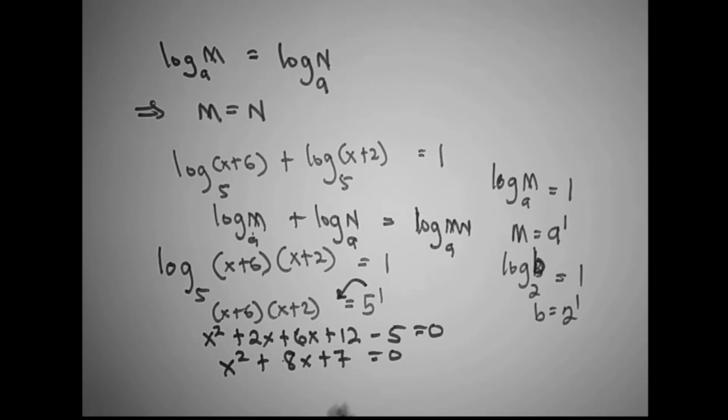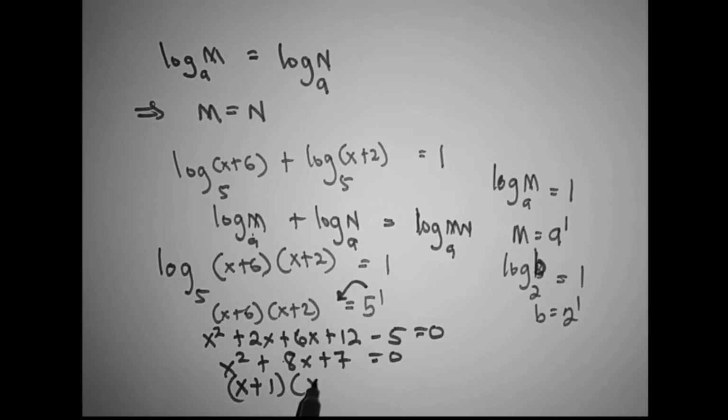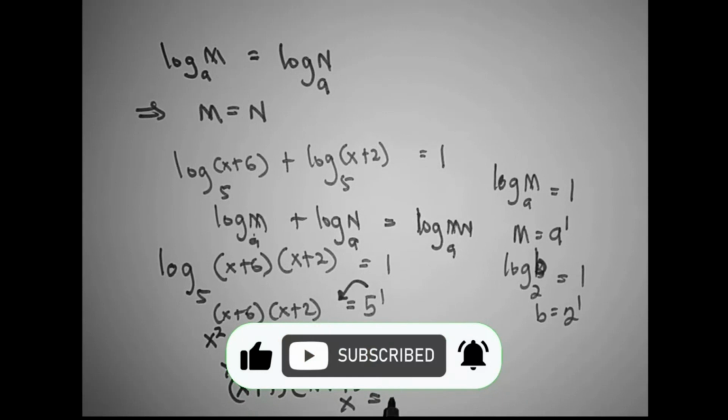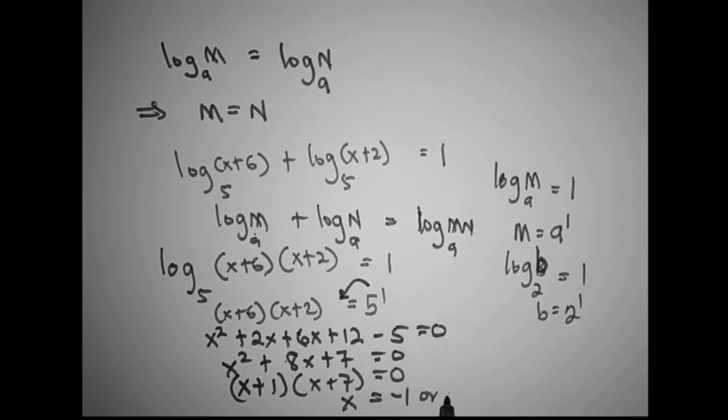So we are supposed to look for two numbers that when you multiply, you get 7, but when you add, you get 8. So you see that 1 times 7 is 7. However, 1 plus 7 is 8. And therefore, the factors become (x + 1)(x + 7) equals 0. So x is equal to minus 1 or minus 7.